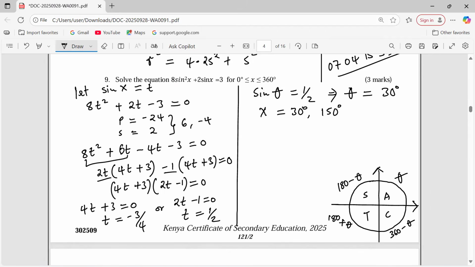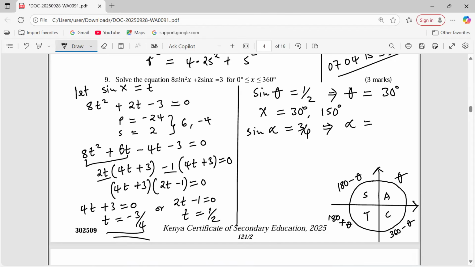Then we go to the second value, whereby the sine of an angle alpha is 3/4. Allow me to omit the sine first, so that I conclude that the value of angle alpha equals the sine inverse of 3/4.